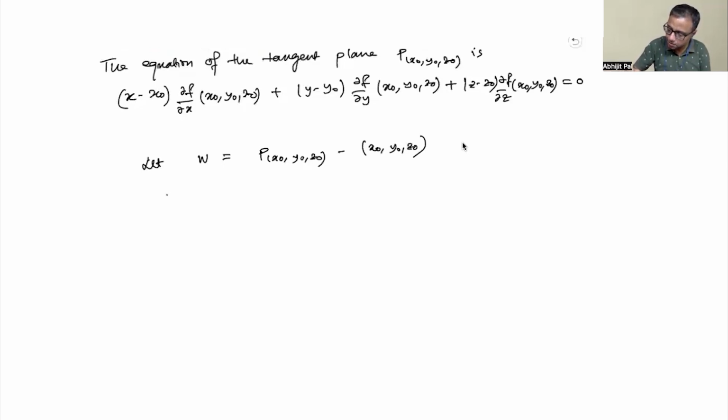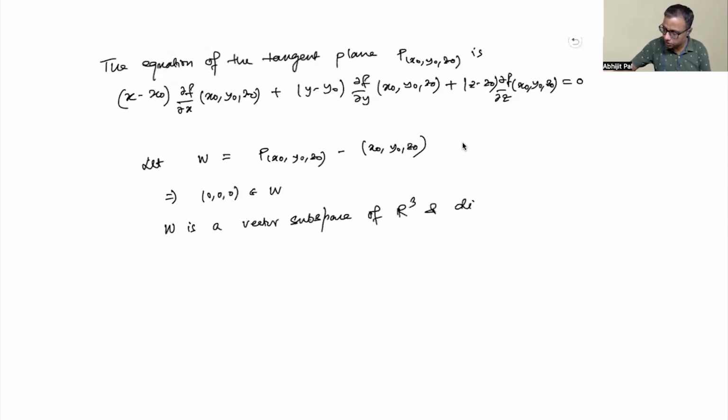This implies that the origin belongs to this W. I have just translated this plane to the origin, and so this W is a vector subspace of R3, and the dimension of W is equal to 2. Therefore W is the tangent space of S.